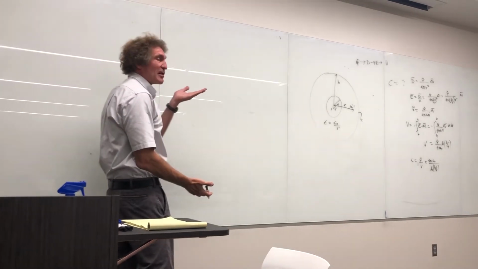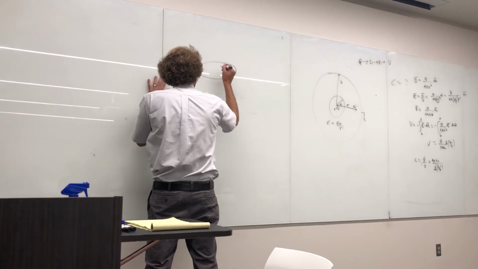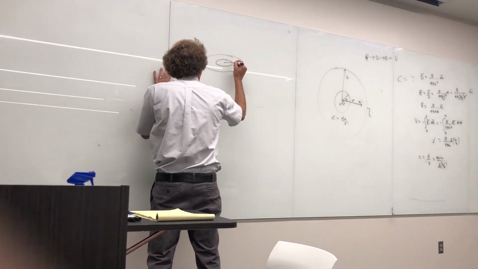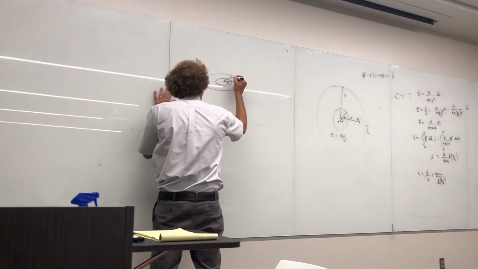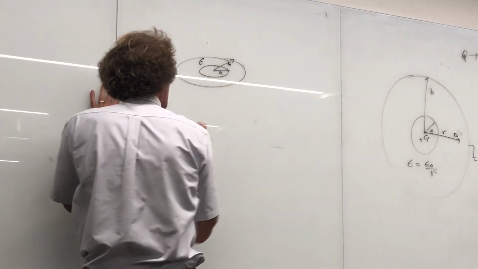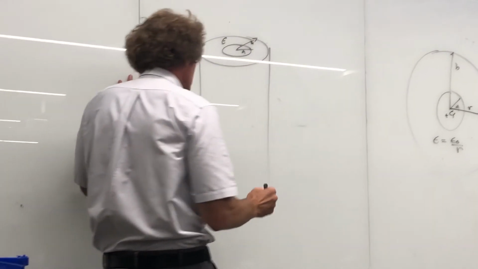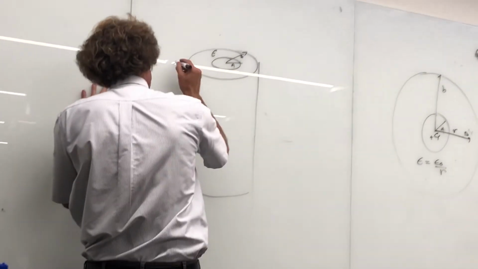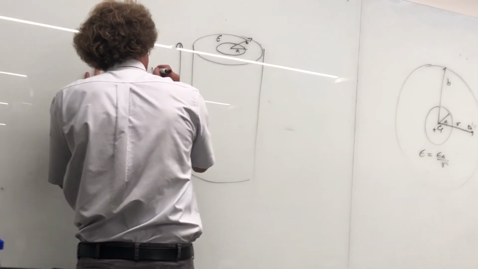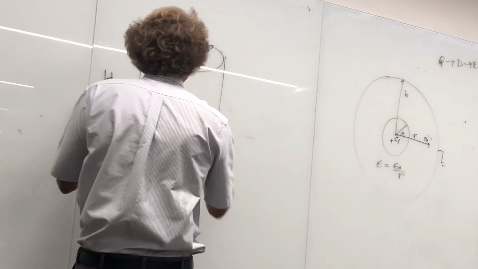But we're going to assume that we have a long pipe with an inner radius A, an outer radius B, and in between these we have some epsilon. Remember, epsilon can be a function of position. We're just going to make this thing a height h.